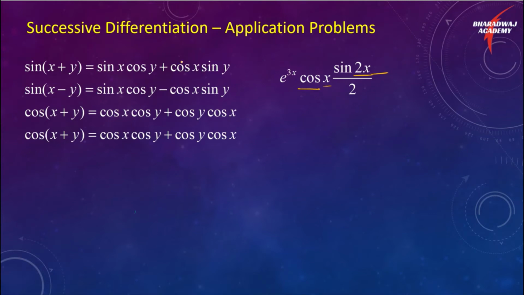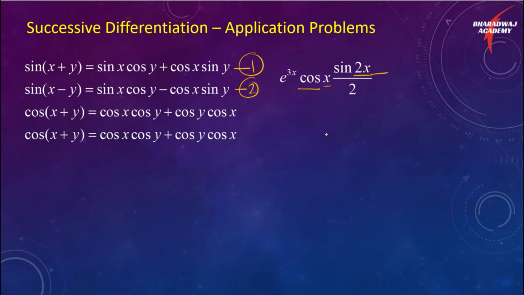But as you can see, if we add them, the term will collapse, right? So we have to subtract these equations. We'll subtract equation 2 from equation 1, which basically means sin(x+y) minus sin(x−y).